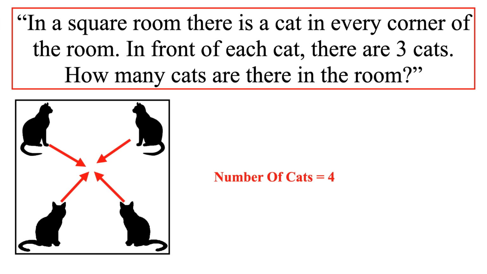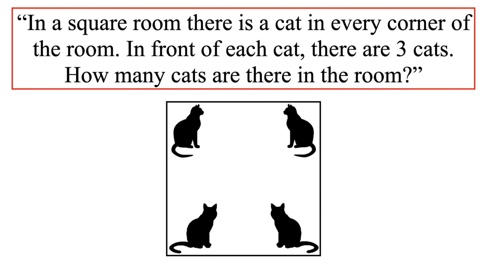Let me now explain the different interpretation. The total number of cats in this square room will be in the range of 4 to infinity. Let's break this riddle down. In each corner of a square room is a sitting cat. A square room has 4 corners, 1 cat per corner, so 4 cats so far. In front of each cat there are 3 cats. An important but missing piece of information is which way each cat from each corner is facing.